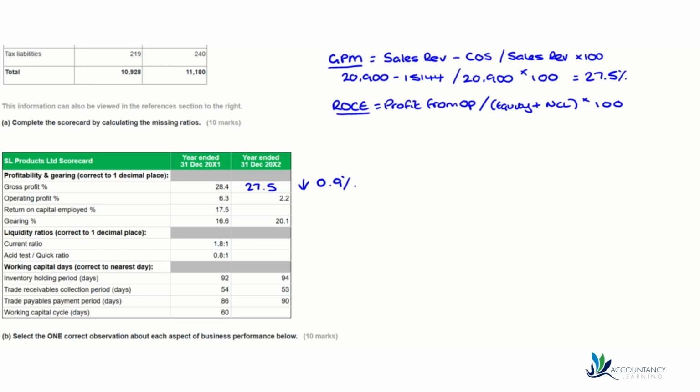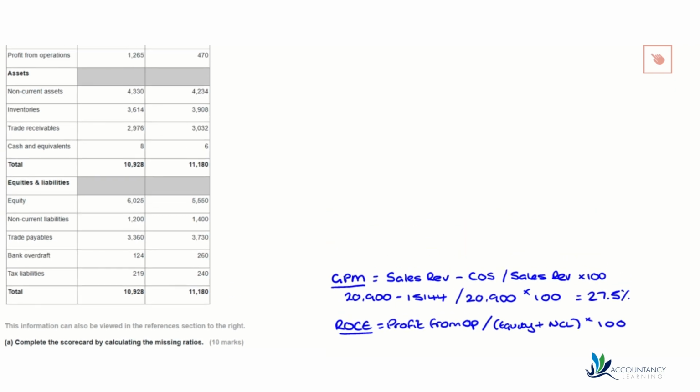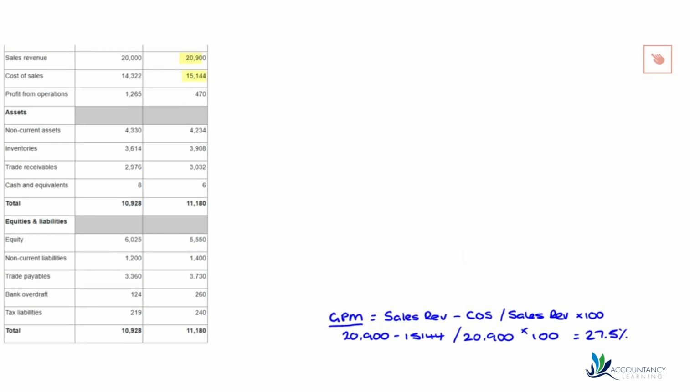The next one is return on capital employed, and the formula for this is profit from operations divided by the equity and the non-current liabilities added together, then multiplying by 100%. So we're going to use 3 figures here, which is the profit from operations, the equity value, and the non-current liability value.